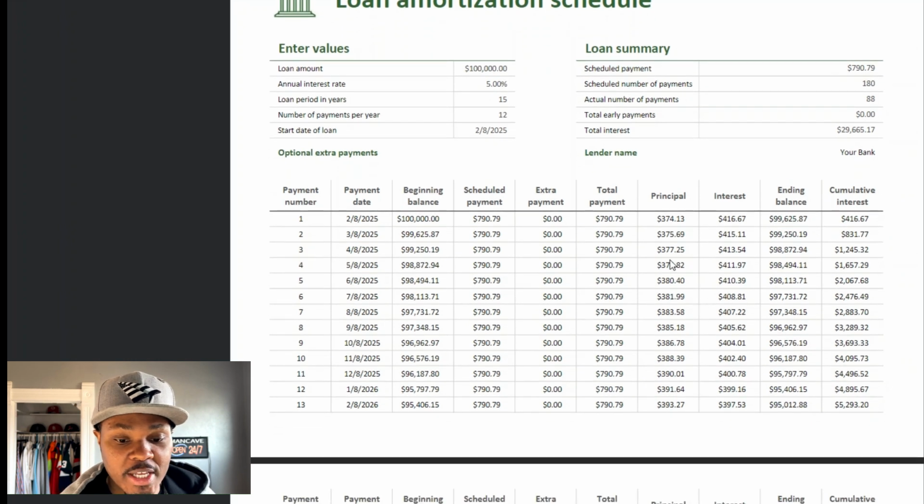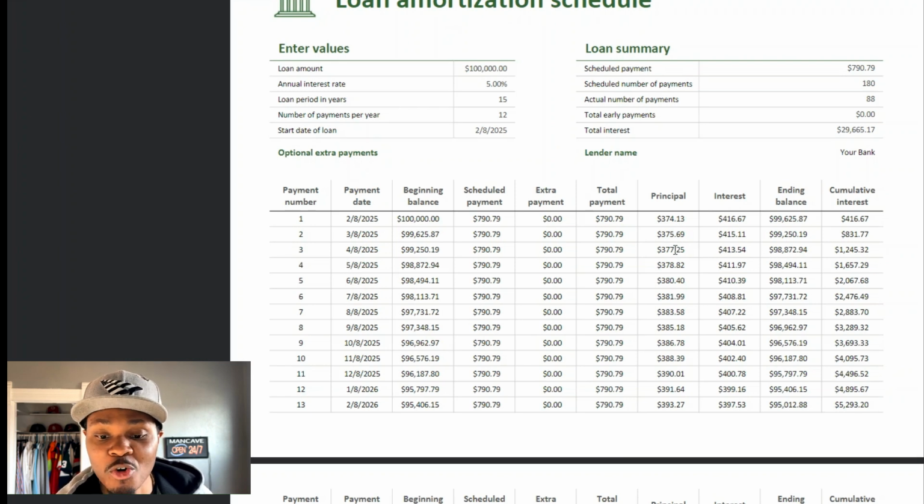So if you look at this, out of the $100,000, your payment is $790. $374 of those dollars goes towards the principal, and 400 goes towards the interest. So in the beginning of your mortgage, you are paying most of the money towards interest.